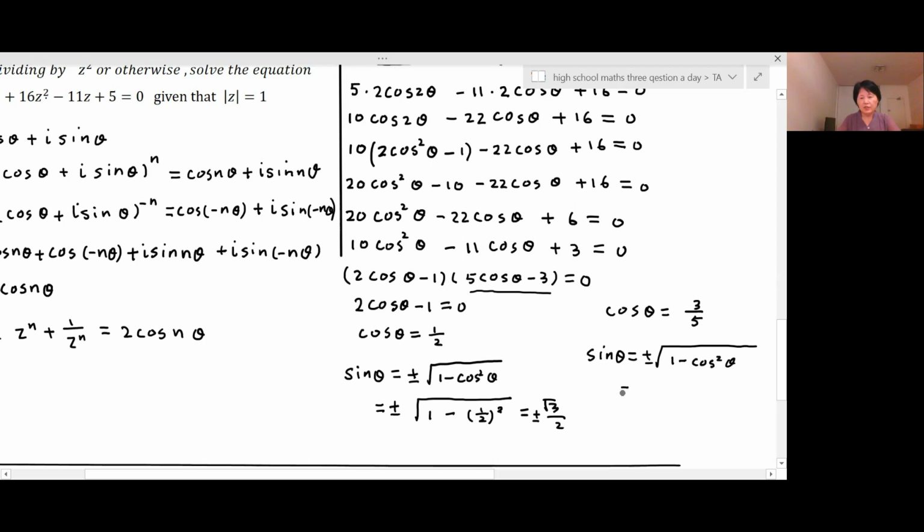Then equal to plus minus the square root of 1 minus 3 on 5 squared. Then equal to plus minus, and this is 25. So it will be equal to 4 on 5.